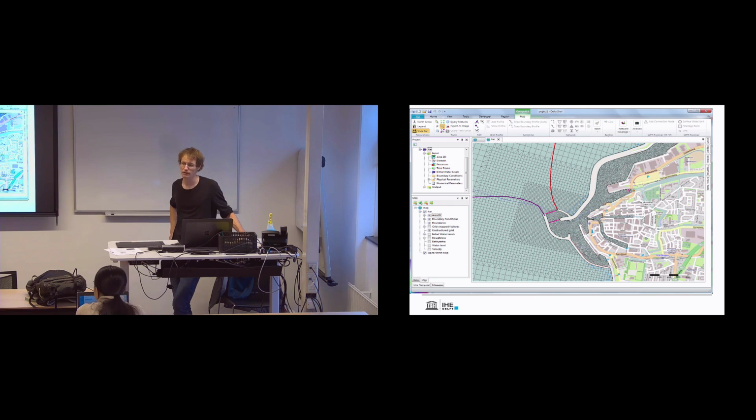What else do you see? The map. The map, yeah. We have fancy GIS tools in the new user interface. That's also a huge difference. I think the area of interest has a smaller grid size than the outside of the domain.